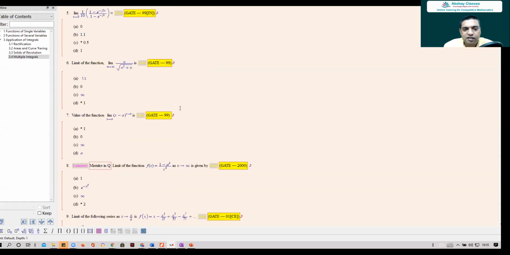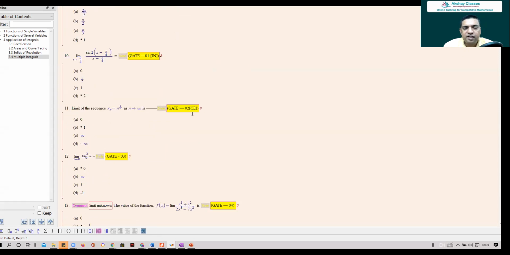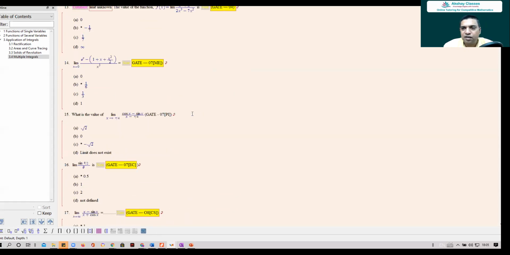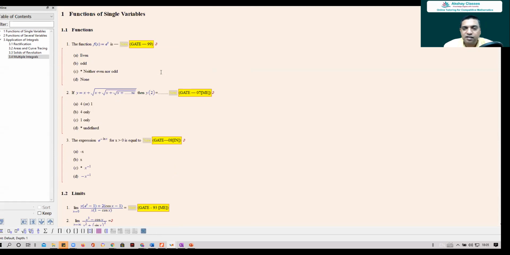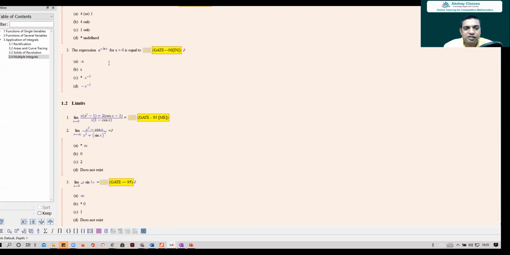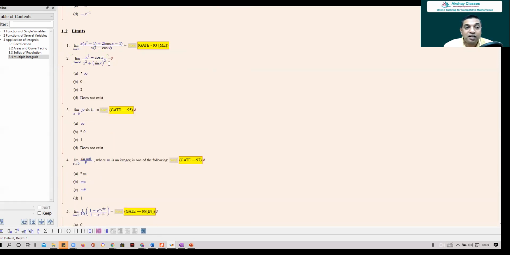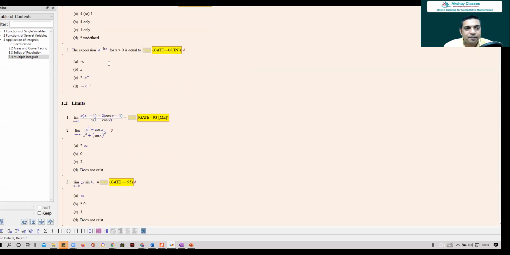I'm updating it for almost 10 years. Questions of GATE. Now you just see questions on functions, basic functions. There are some questions, but not many. Limits, you just see the limits.